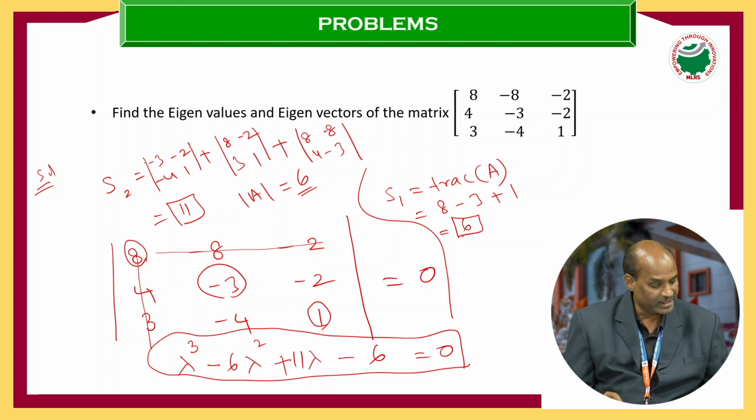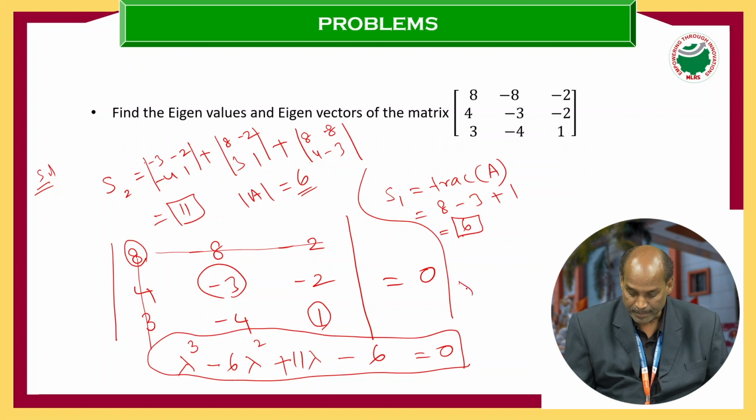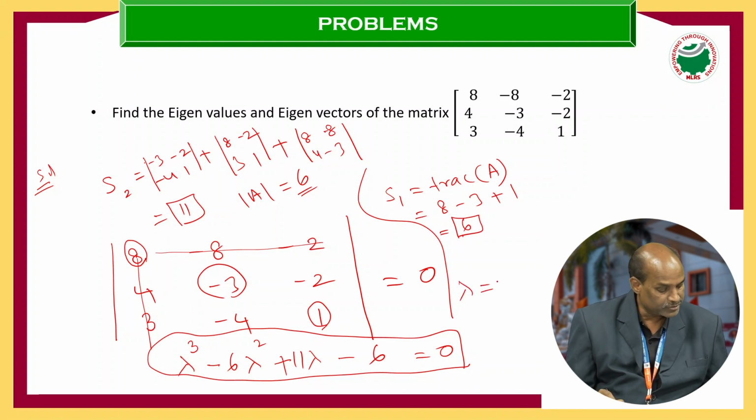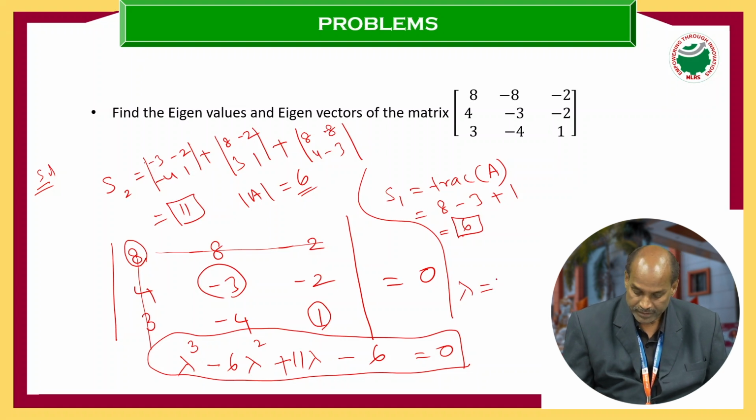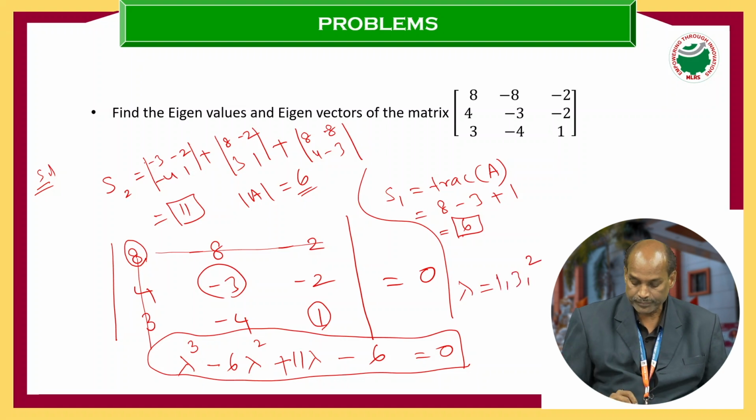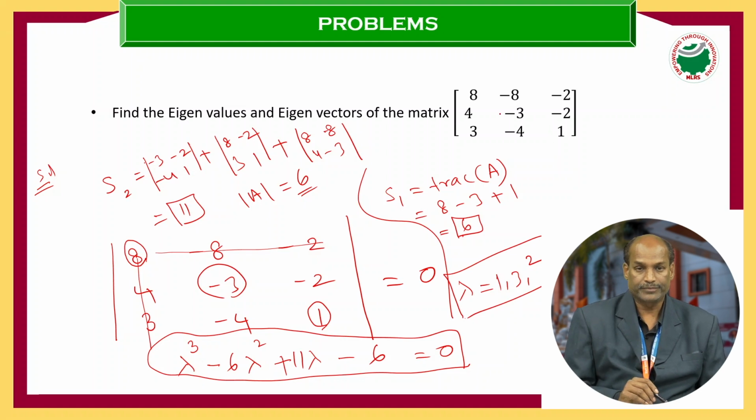With the help of a calculator we get 3 lambda values: 1, 3 and 2. These values are called the eigenvalues of the given matrix A. So this is the first part, and in the first part I explained how to determine the eigenvalues of the given matrix.